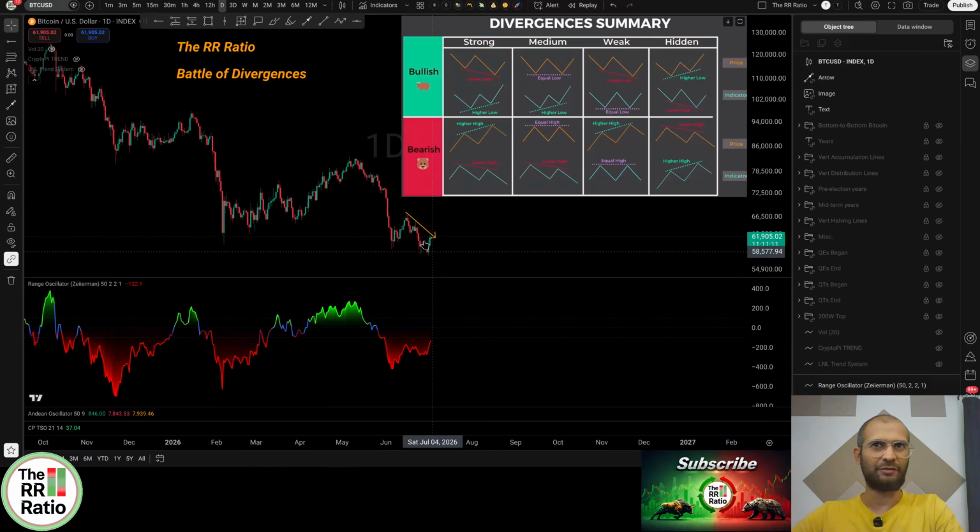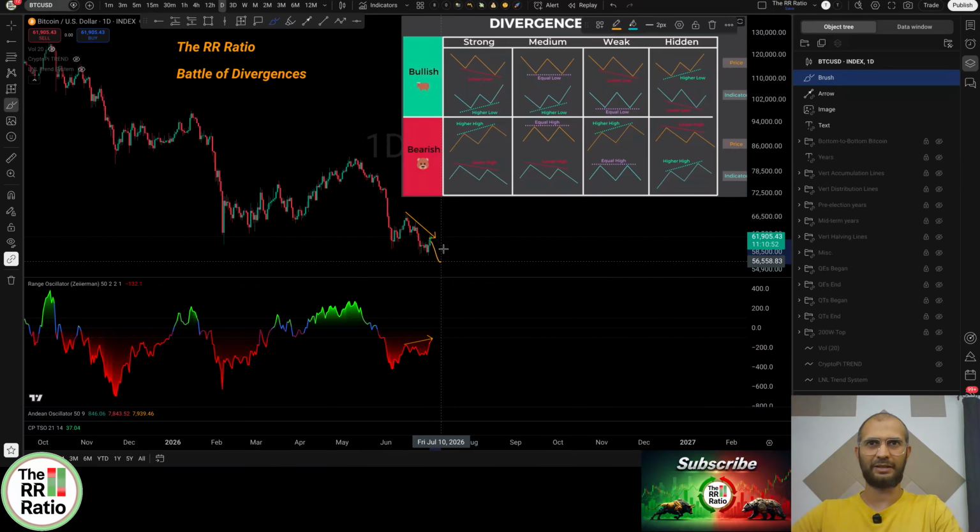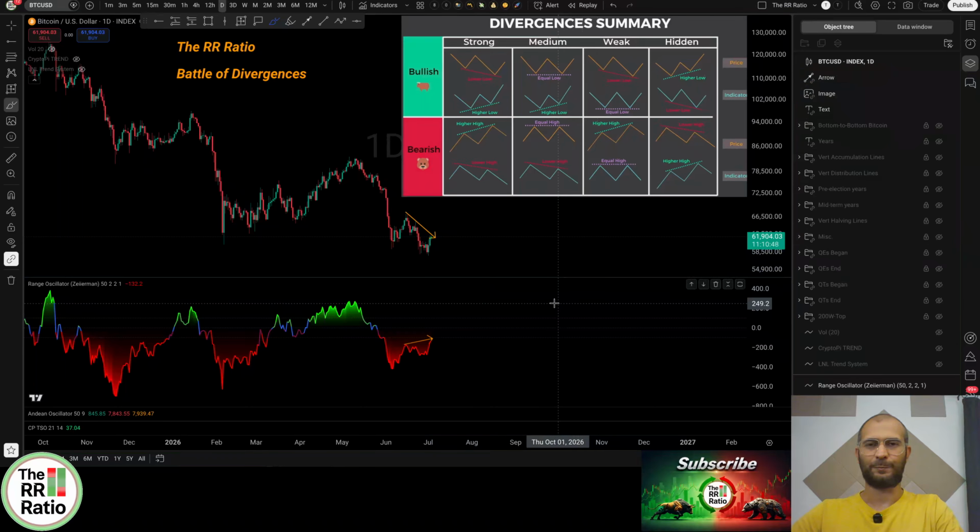But coming back to the divergence, here we see a lower high is formed. And from here to here, we are saying the indicator is going upwards, it's making a higher high. So this tells us that price might go down.